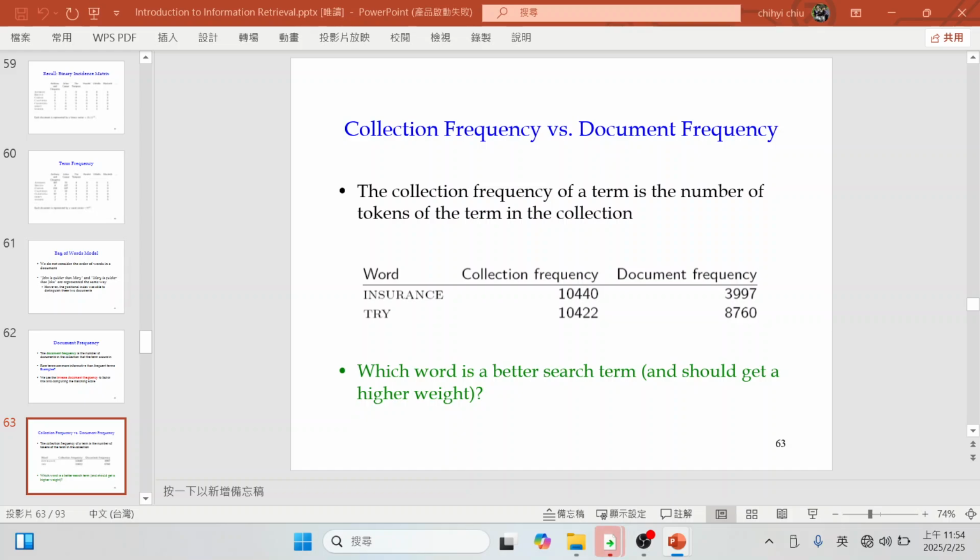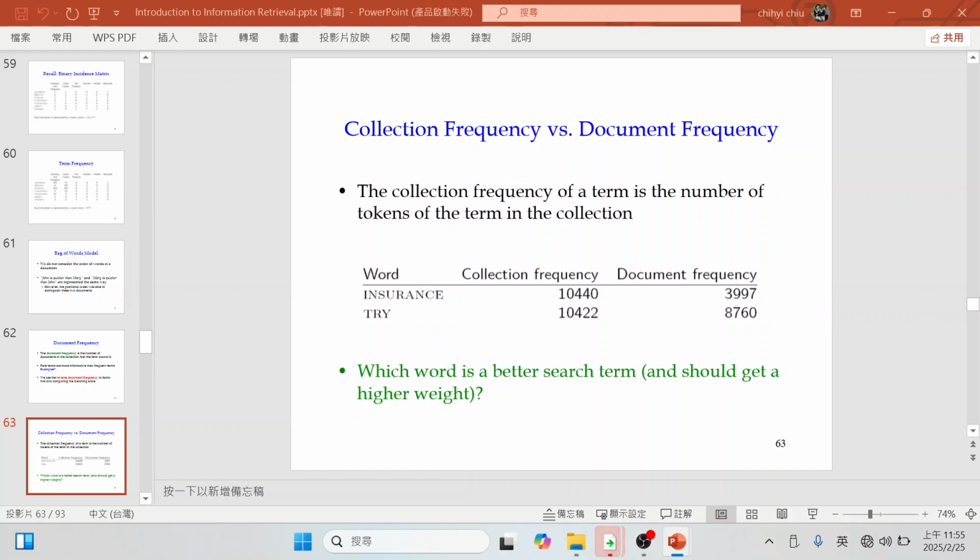So this means the collection frequency may not well reflect the importance of these words. Through some statistics and some inspection, we find document frequency is better to reflect the importance of a word than using collection frequency.